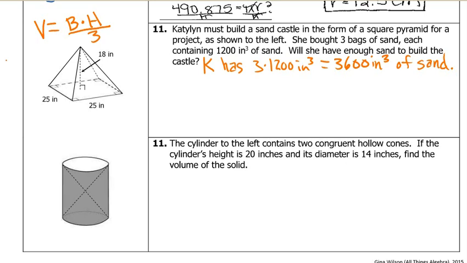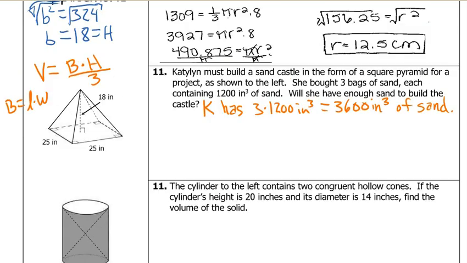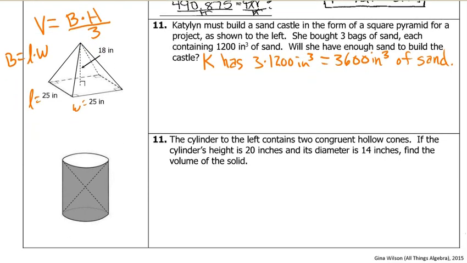Now the B is going to equal the square, so length times width, or side times side, however you were taught. Now my big B is equal to 25 times 25. Was it 625 last time?